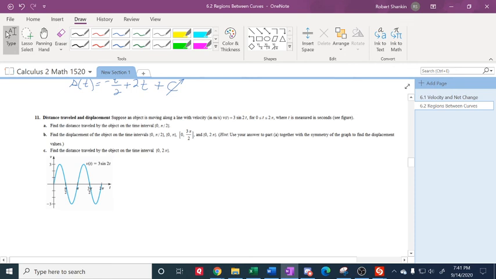Suppose an object is moving along a line with velocity, it's a trig function. Find the distance traveled by the object in the time interval 0 to pi over 2.